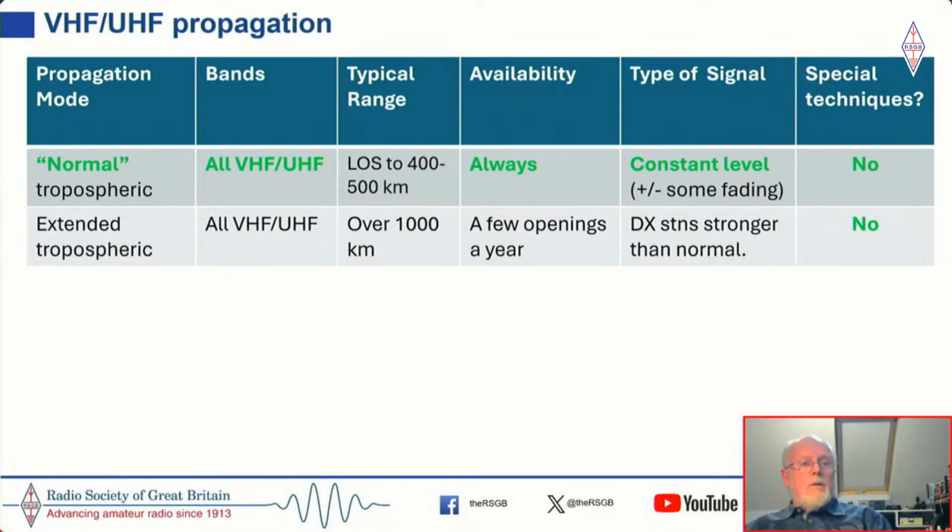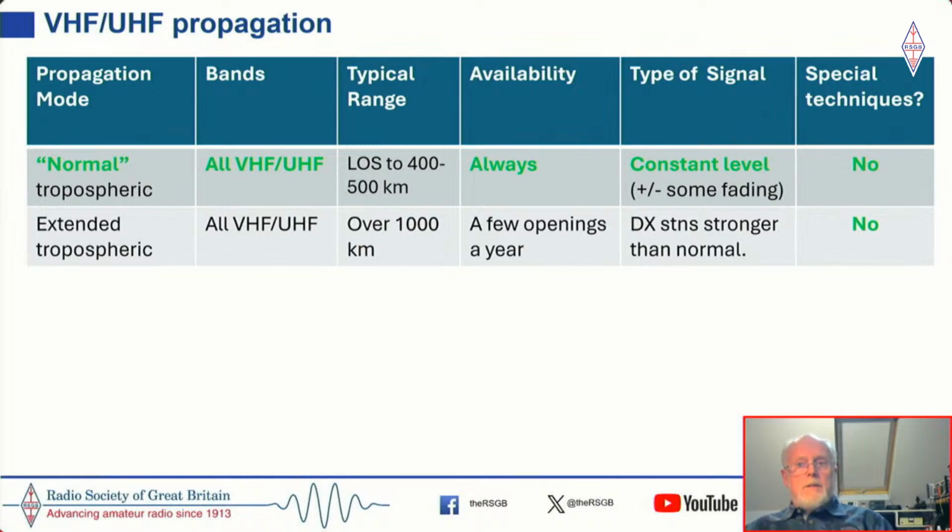The next one that we hear about is extended tropospheric propagation, where the weather conditions form things like a settled high pressure zone covering much of Western Europe for us. Distant stations come up out of the noise much stronger than normal. Range extends easily, typically to over 1,000 kilometers. 2,000 and more is not unknown.